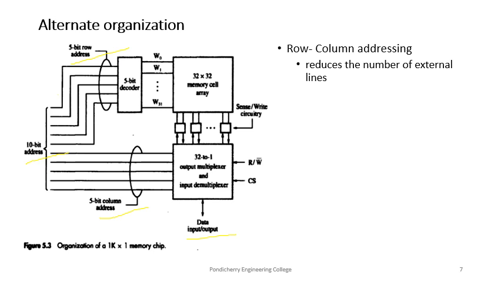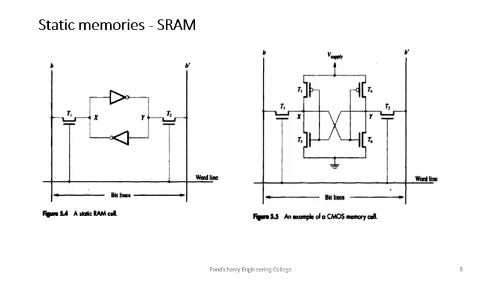So if you check the number of external connections, instead of 19 which we had for the earlier organization, now it is only 15 external connections. So this organization is meant for reducing the number of external connections basically. Next we will see in detail what is inside the cells.